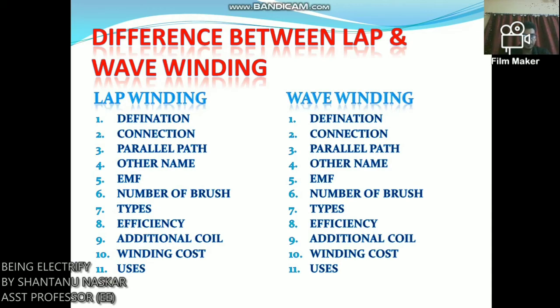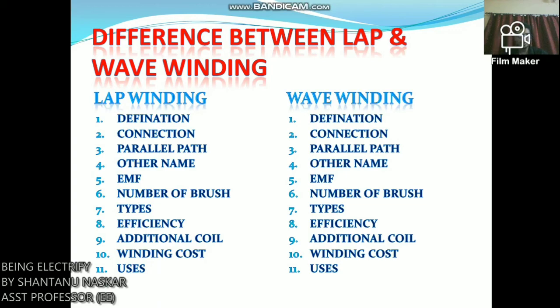Connection: for lap, the end of the armature coil is connected to an adjacent segment on the commutator. For wave, the end of the armature coil is connected to a commutator segment some distance apart. Parallel path: for lap, the number of parallel paths is equal to the total number of poles. For wave, the number of parallel paths equals 2.